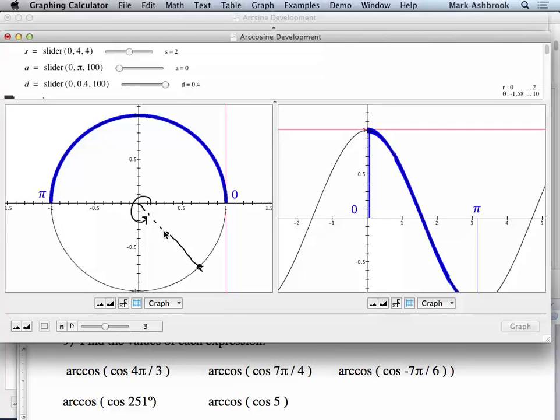I took the angle measure from 0 to 7 pi over 4 clockwise. You want it all the way like this? No, from the 3 o'clock position. Right. Clockwise downward.